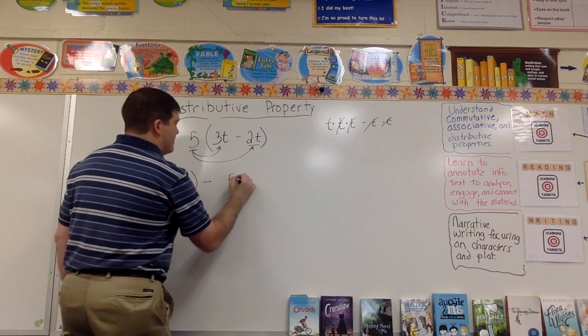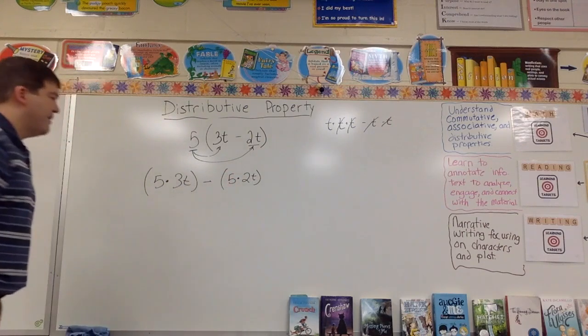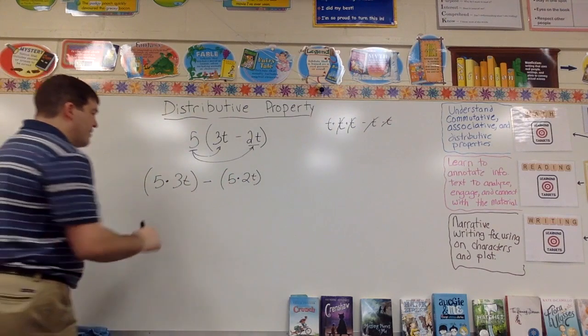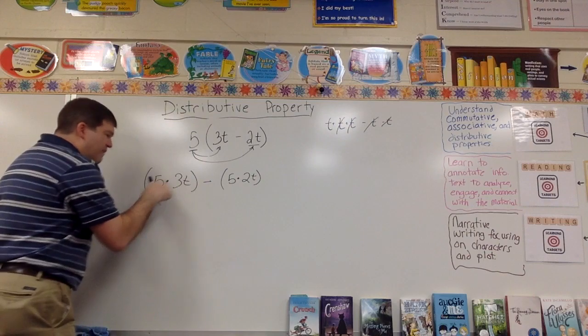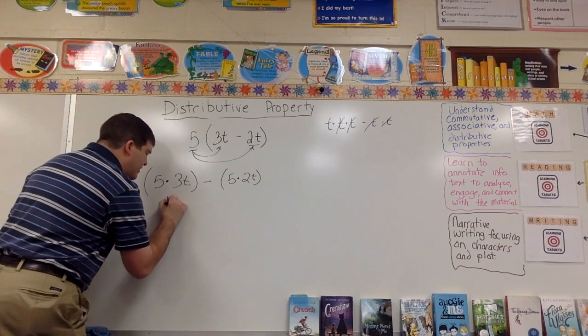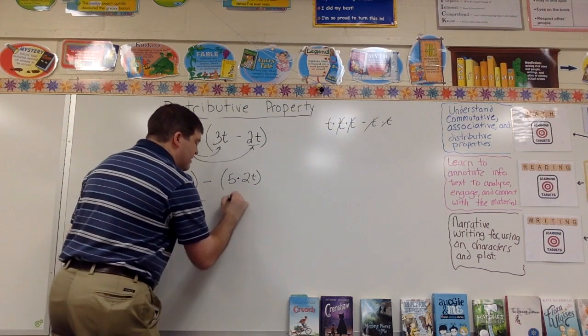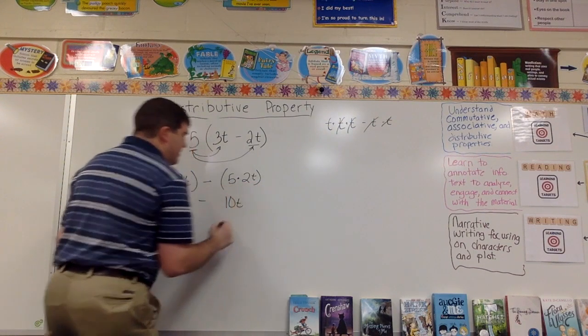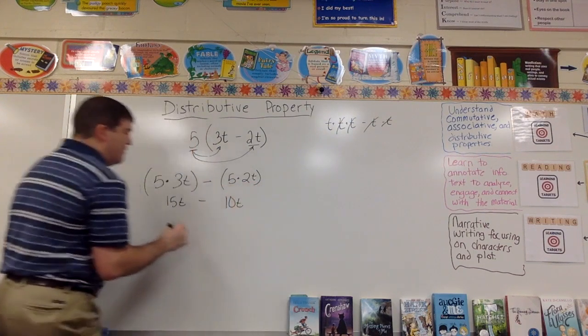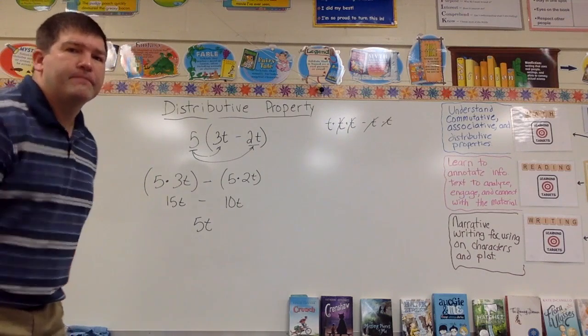Okay, 5 times 2t. Now I can simplify this. It's multiplication, so it's 5 times 3 times t, all multiplication, 15t minus 5 times 2 is 10, times t is 10t. 15t minus 10t is going to get me a total of 5t, which is what I had before. Okay?